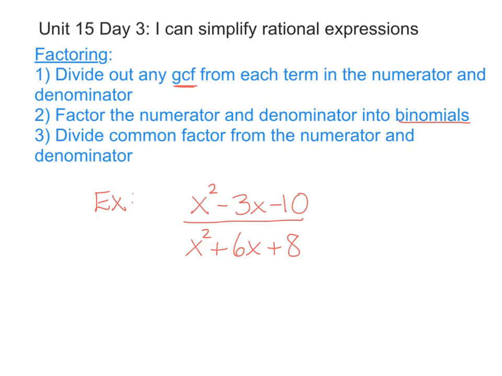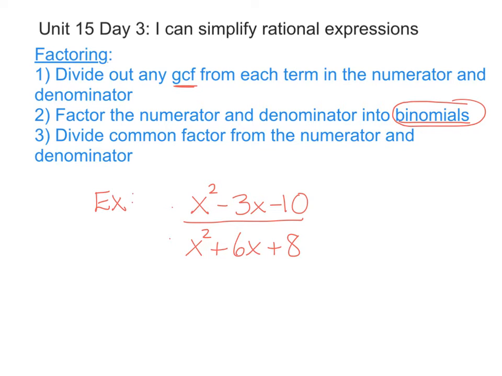With this, we have to see if we can first find a GCF. Is there any GCF in the top? No. Is there any GCF in the denominator? No. So then we have to factor into binomials. The binomials have two terms because these are starting as trinomials, actually quadratics because they have second power.